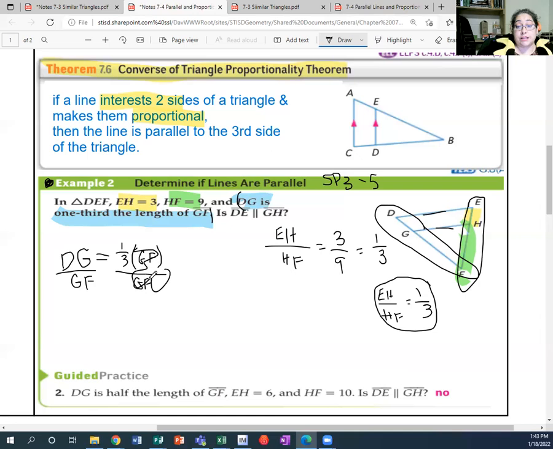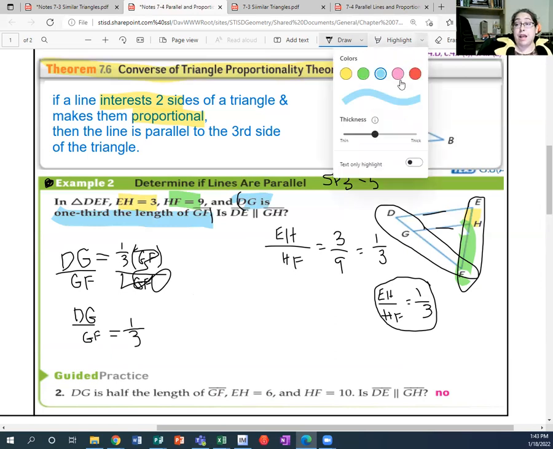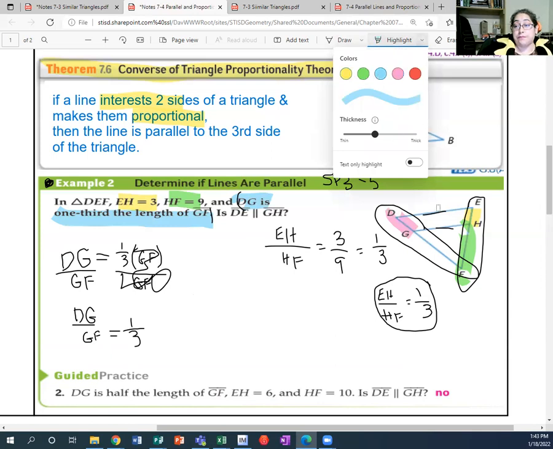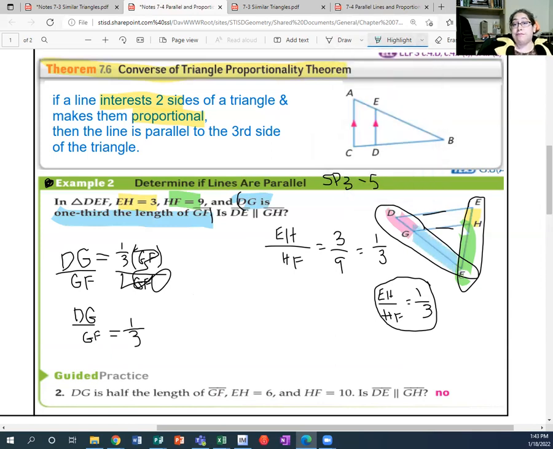These GFs are going to cancel, which on the right-hand side leaves me with the 1/3, which is what I was after. And on the left, I now have the fraction DG over GF. Is that the same kind of corresponding sides that I have here on my triangle? Yeah, I have short over long, which is basically the setup I have here with EH over HF.